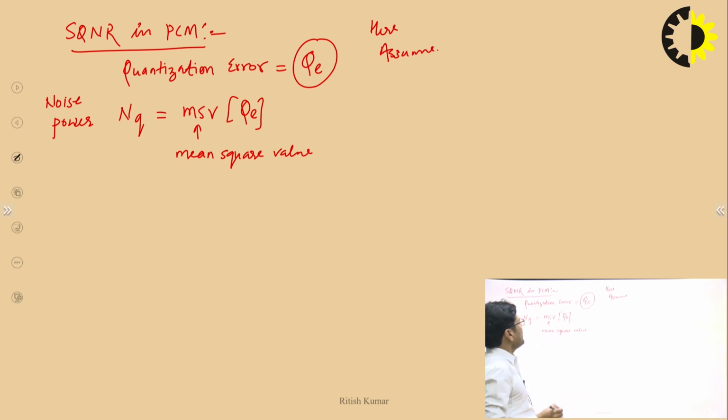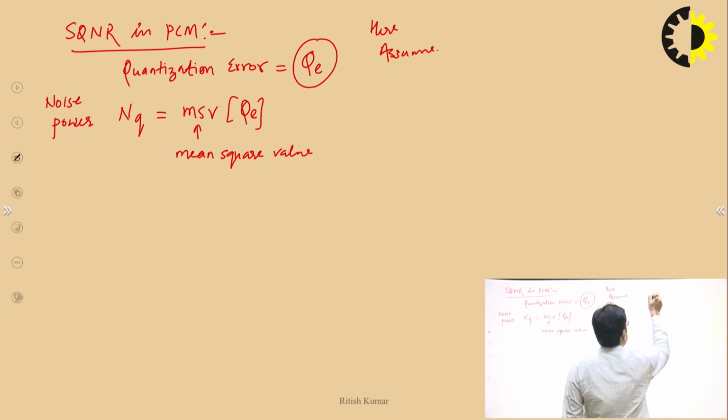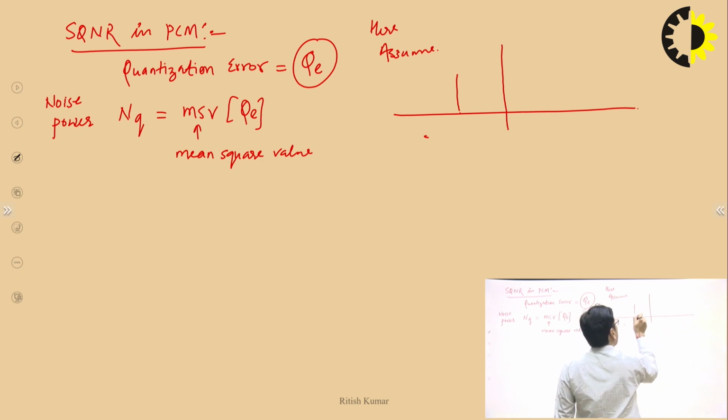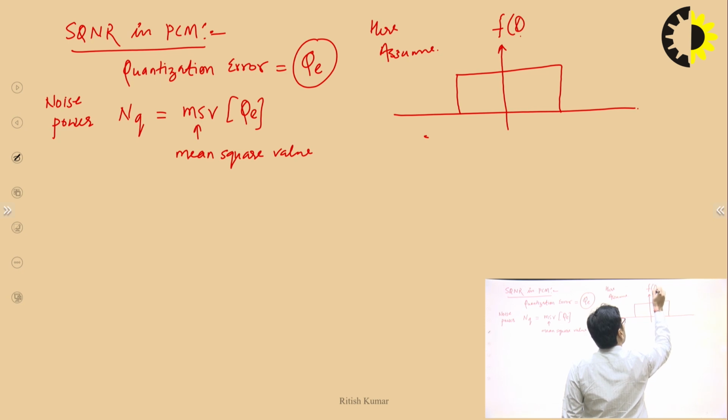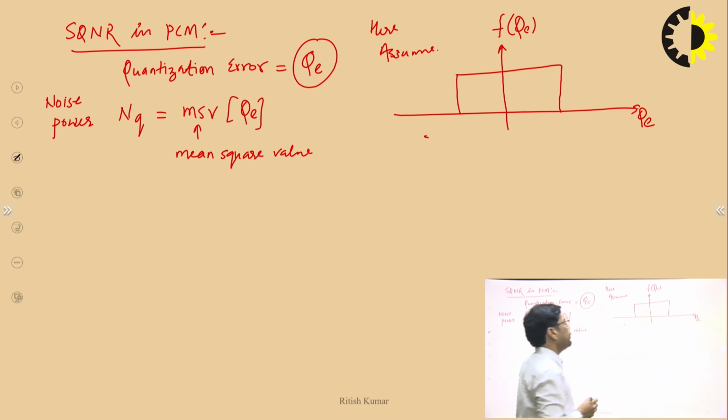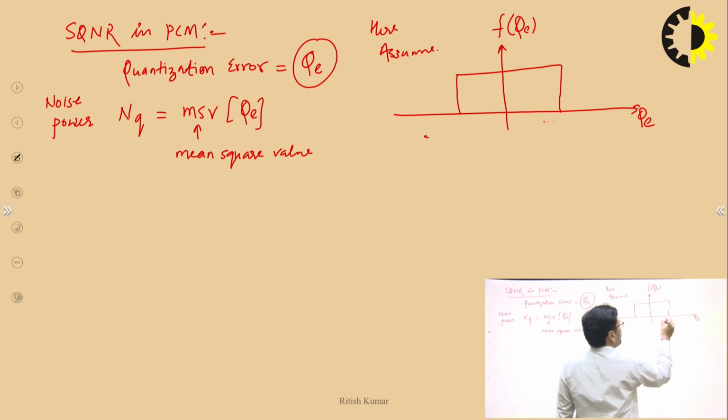So here I am assuming that the PDF of the quantization noise error is uniformly distributed, just like in this way. This is the PDF of the noise error. As we know, the noise error can lie between plus minus delta by 2. So this value is plus delta by 2 and this value is minus delta by 2.